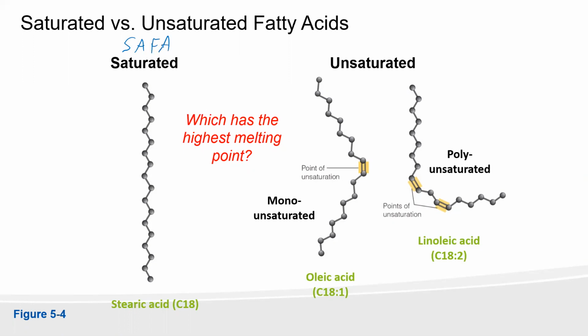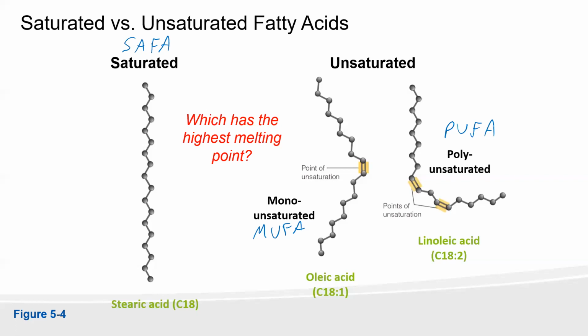Saturated is SAFA, saturated fatty acids, and sometimes you see people using that abbreviation in the literature. There's also MUFA and PUFA, monounsaturated and polyunsaturated. Sometimes these are broken down into further groups for various reasons, and we'll get into that a little bit later.